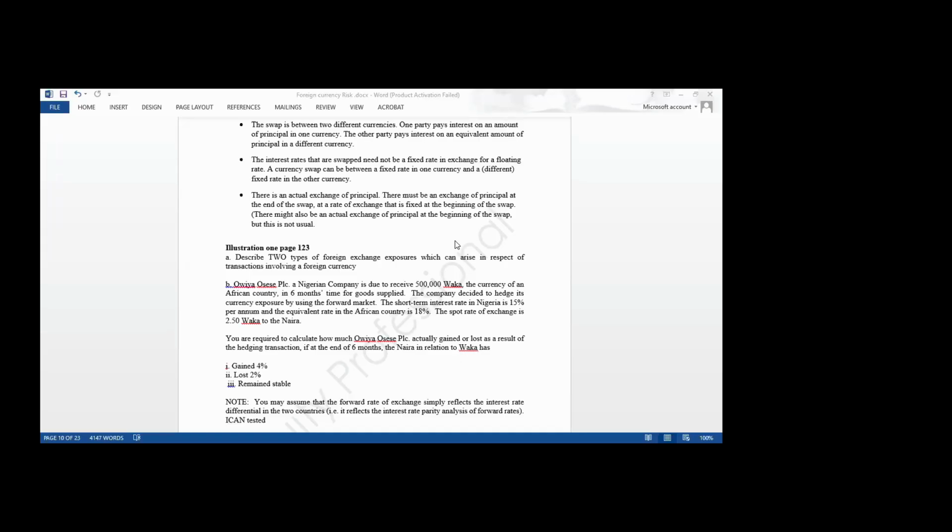For example, how many units of Naira can buy $1? If you go online, check Naira to dollar, maybe like 1,700 Naira to $1.